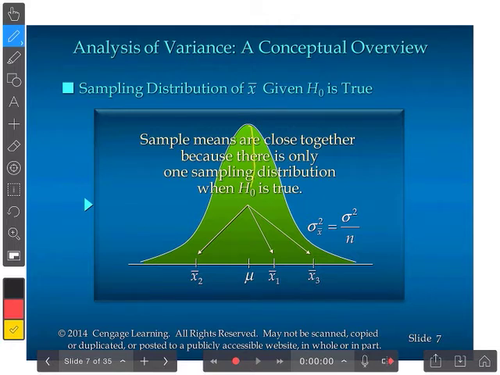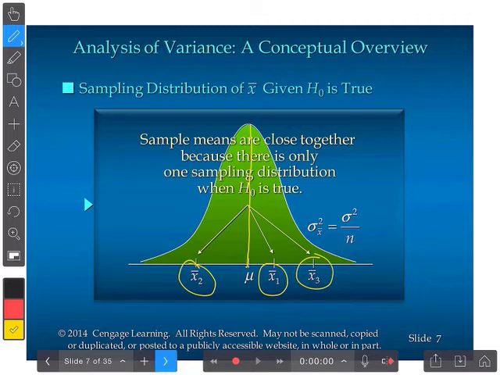The mean is mu, and we're taking random samples from the population. As we take those random samples, we observe the sample means: X bar 2, X bar 1, X bar 3. What will generally happen is that those sample means will tend to be relatively close to each other because they came from the same population.